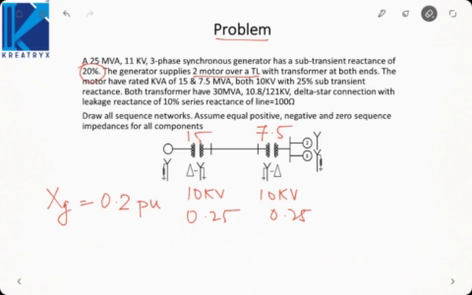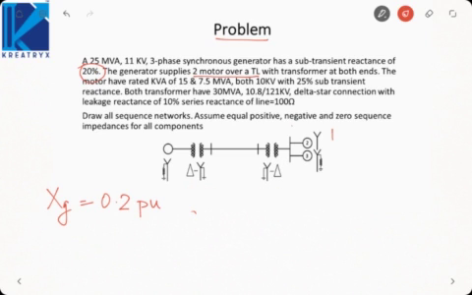Sorry, this is talking about the motors. So this is 15 MVA, 7.5 MVA, 10 kV, 10 kV, and both have 0.25 pu subtransient reactance.